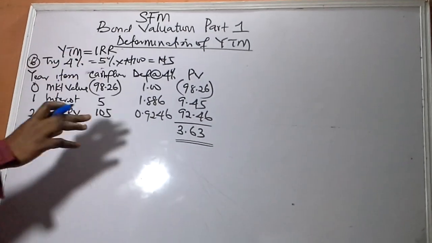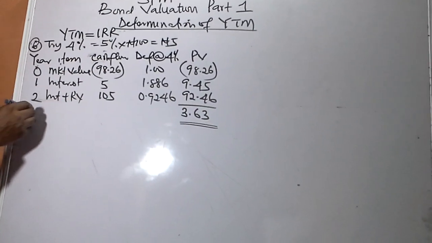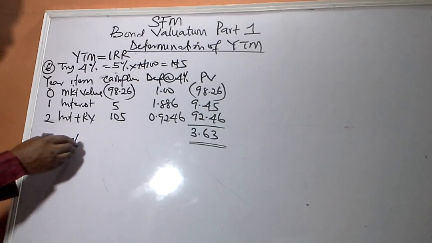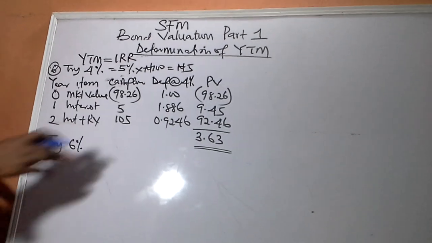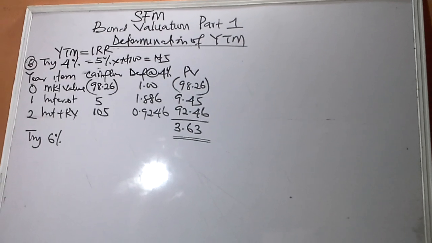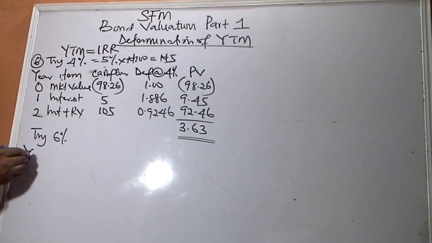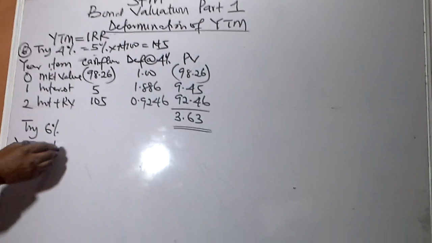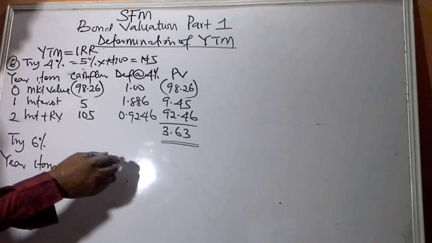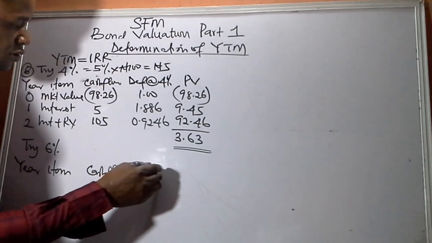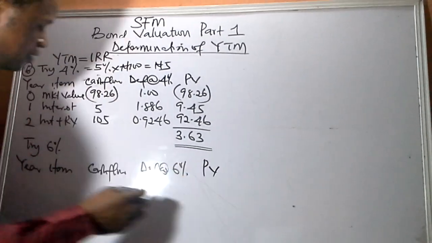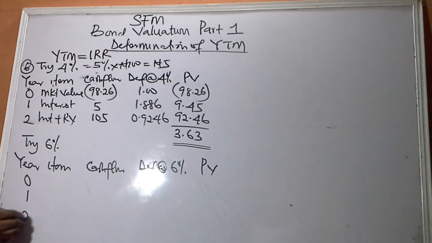Now I need a negative NPV, so I will try a higher rate, let's say 6%. If 4% gives me a positive, to get a negative I have to use a higher discount factor. So here, item, cash flow, and discount factor at 6%. Then my PV at 0, 1, 2.